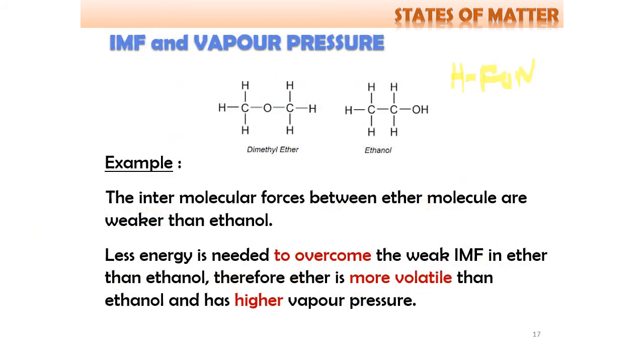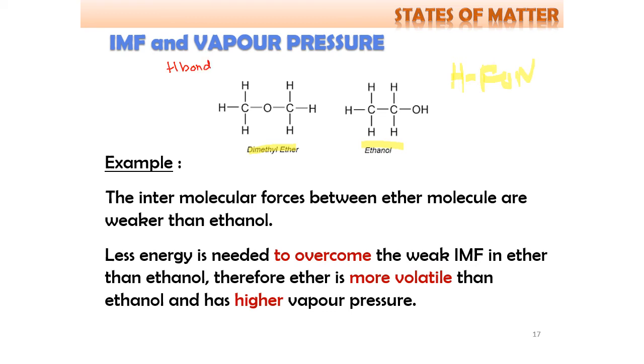Okay, so let's have a look at intermolecular forces between these two organic compounds. We have here dimethyl ether and ethanol. So we already learned intermolecular forces. You have hydrogen bond.